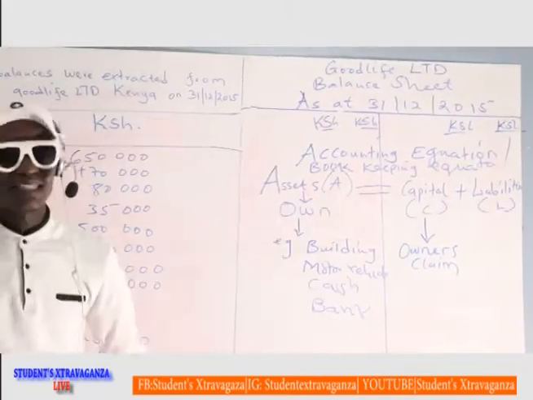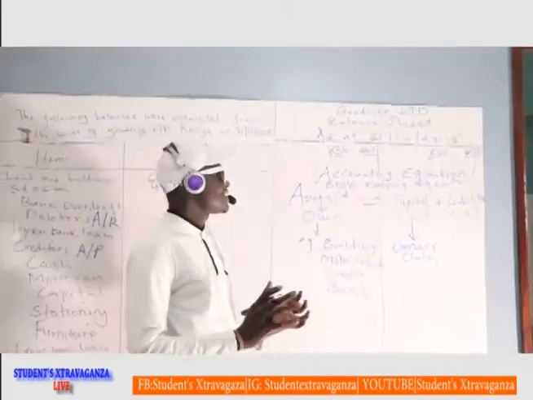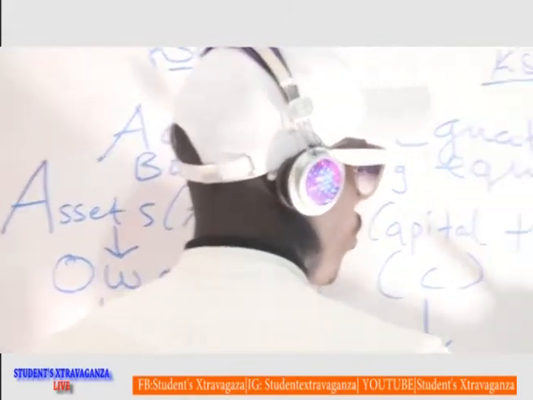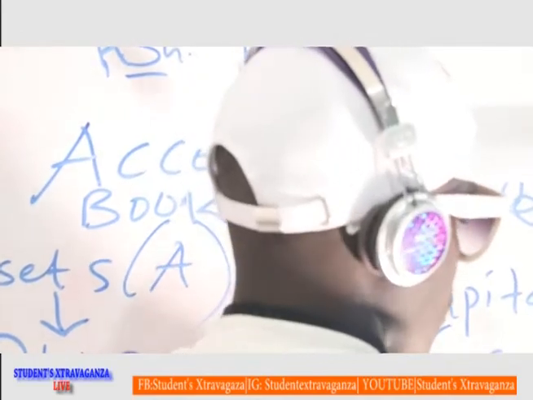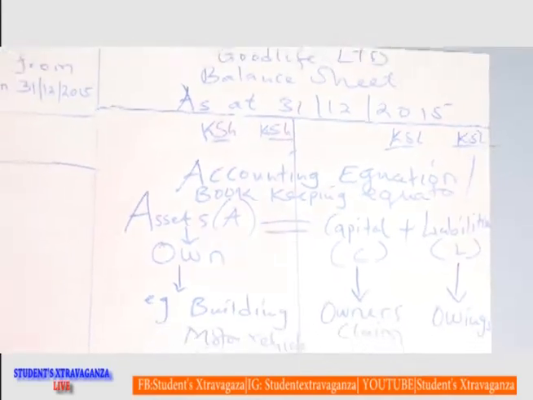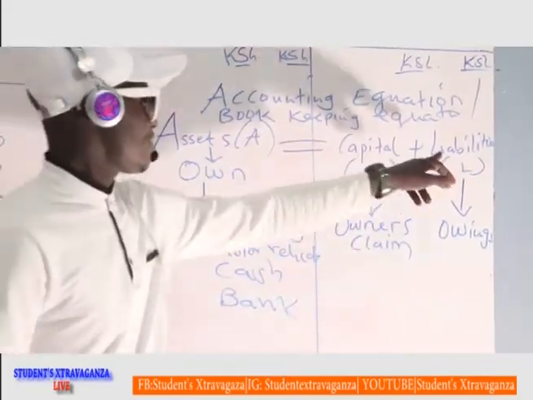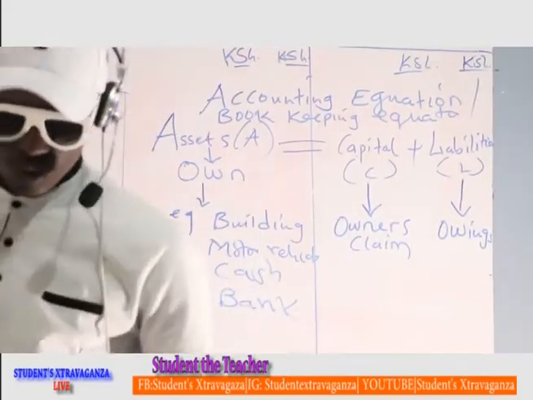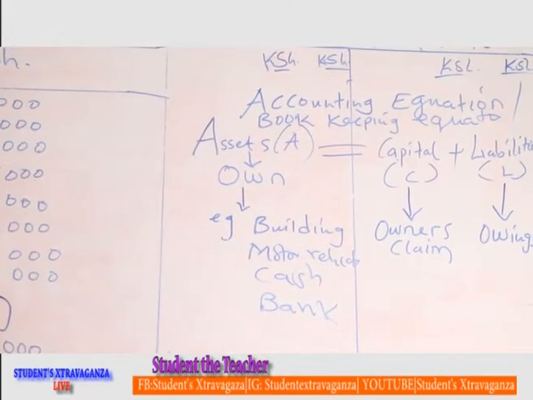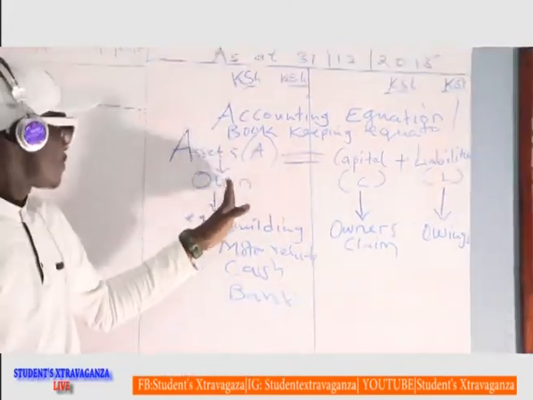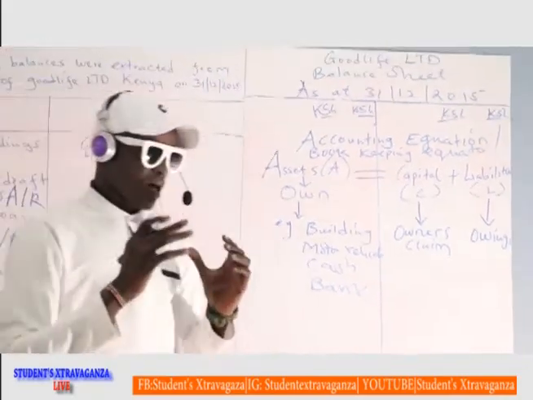Then we have liabilities, are what the business owe. Owings. Capital is owner's claim. Liabilities is what the business owe, or owings. What the business owes other people or other companies.